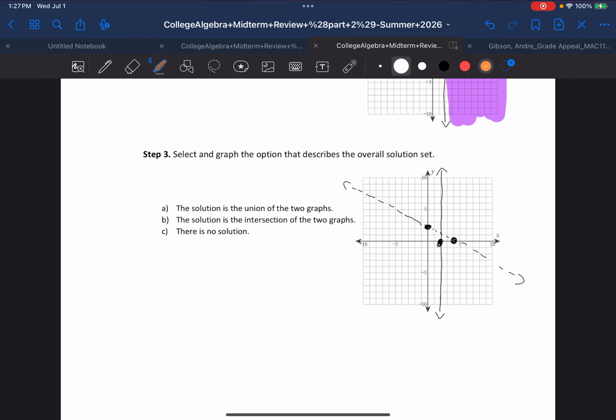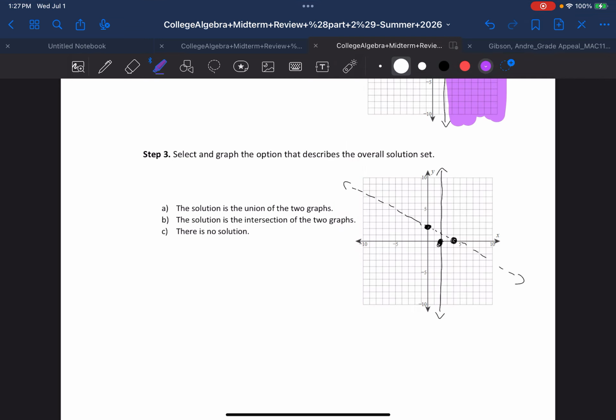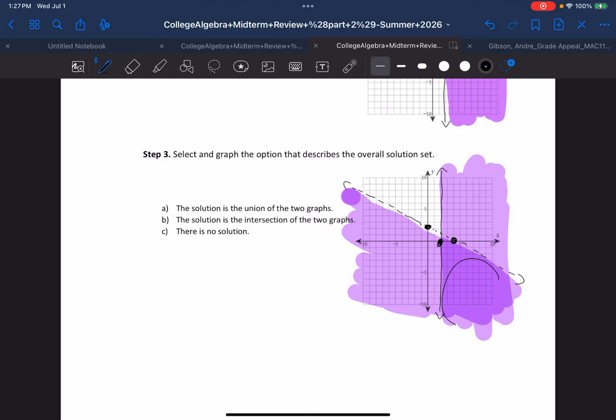So I graphed this side of the dotted line, and I graphed this side of the vertical line. So the part where they overlap, where it's darker purple down here, this is actually the only place I'm going to shade, that one region.